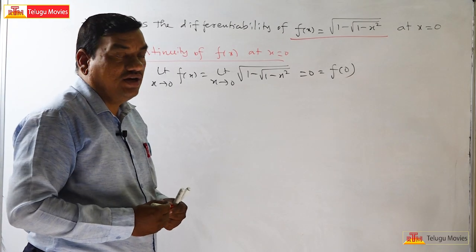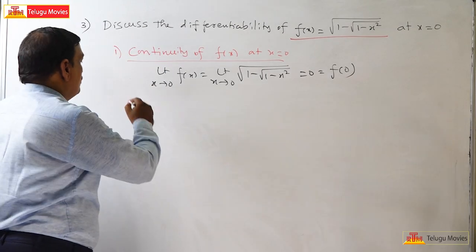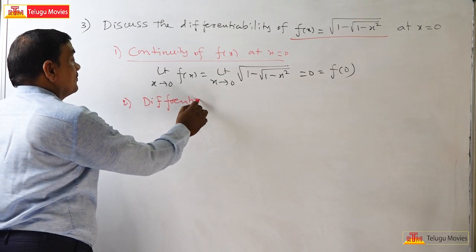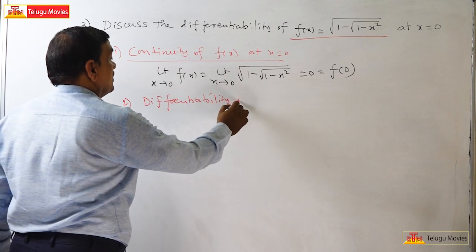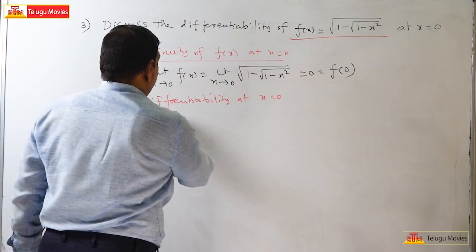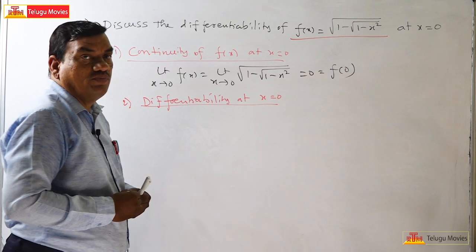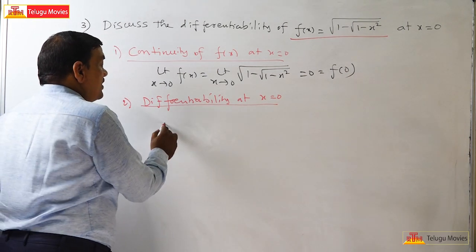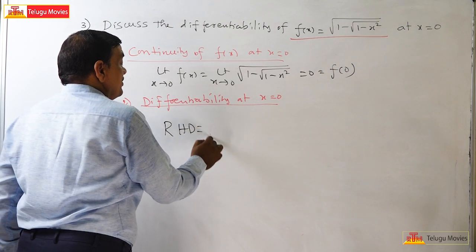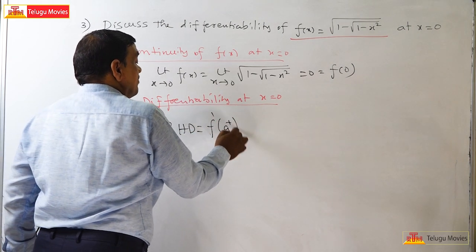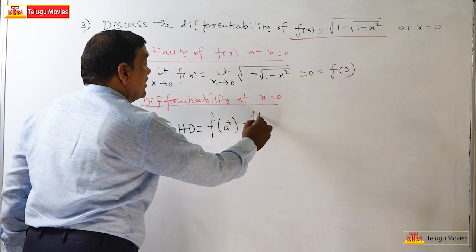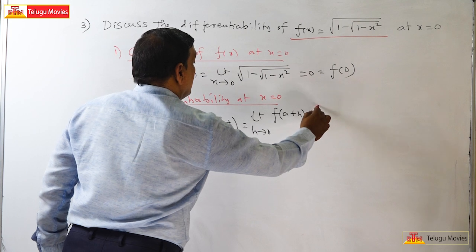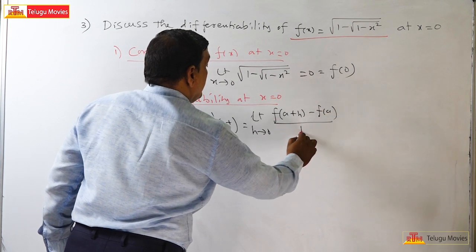Let us check the differentiability at x is equal to 0. Second one is differentiability at x is equal to 0. So, for differentiability, we have to find out right hand side derivative and left hand side derivative. First, I will write down the formula. Right hand side derivative is f dash of a plus, given by limit h tends to 0, f of a plus h minus f of a by h.